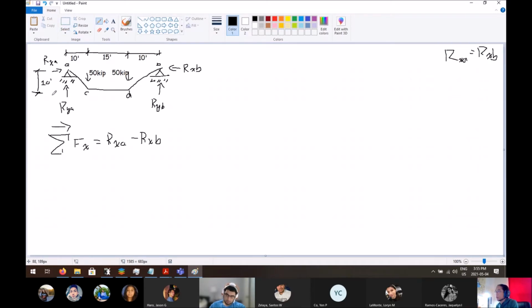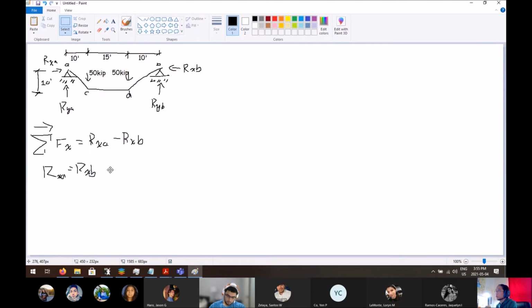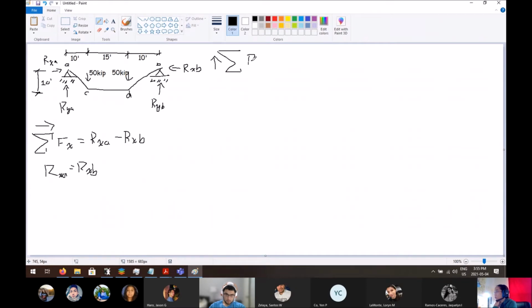Now, just clear up some space. Assume that up is positive, summation of forces in the y direction. We have Rya going up, so it's positive.